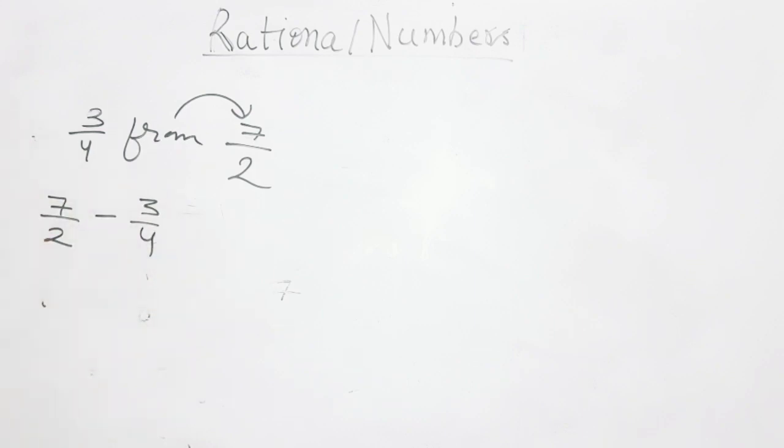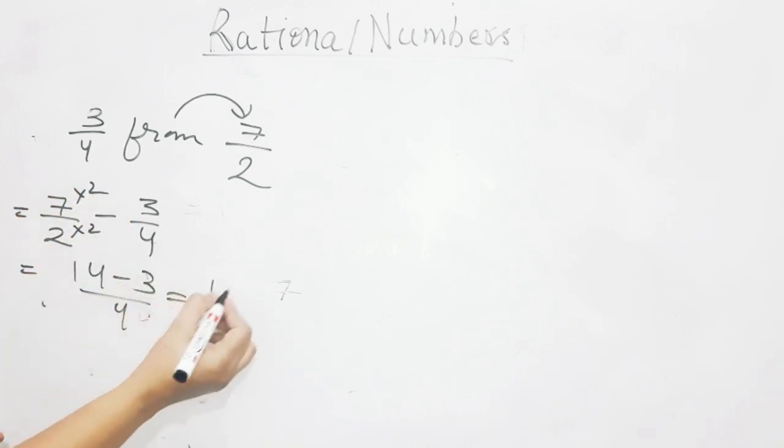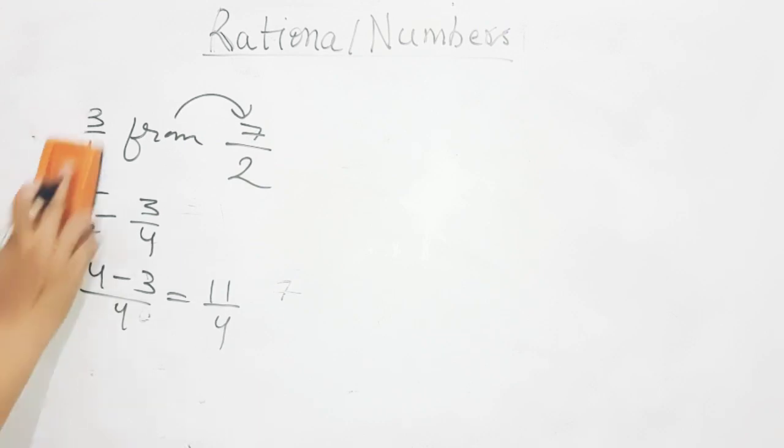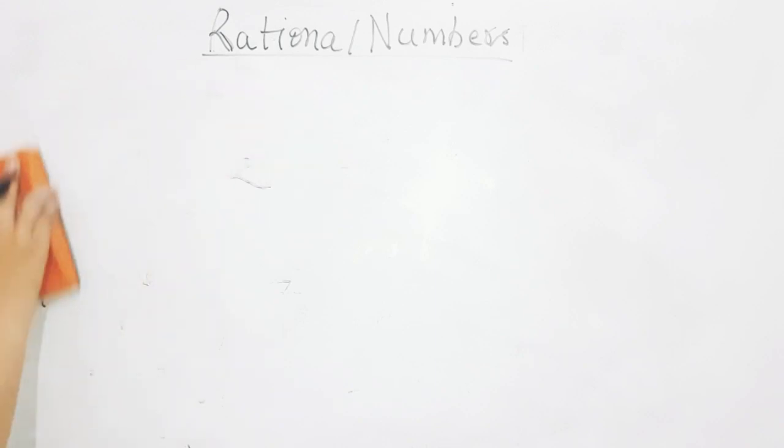Subtract. So the first step will be to take the LCM. The LCM of 2 and 4 is 4. So multiply it by 2. Now 14 minus 3 upon 4 is equal to 11 upon 4, right? I think it's very easy, right? So we have done the subtraction. So in the same way you will be getting the question based on evaluation and simplification also.